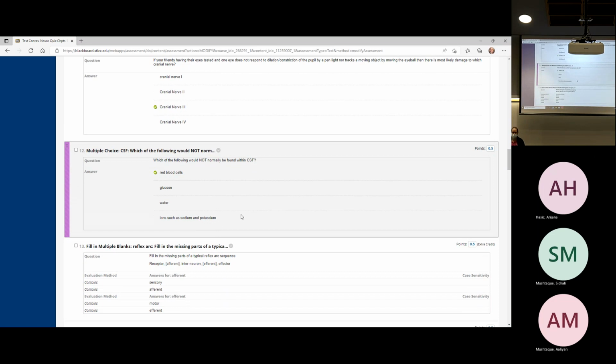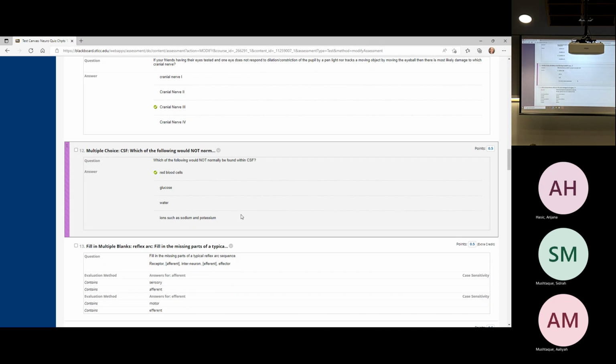Cranial nerves. Your friend's having their eyes tested, and one eye does not respond to dilation or constriction. So the iris muscle is not dilating or constricting, and the pupil's not getting bigger or smaller. Is that something related to the optic nerve? Not the optic. Is that something related to the olfactory? So it's not cranial 1 and it's not cranial 2. Okay?